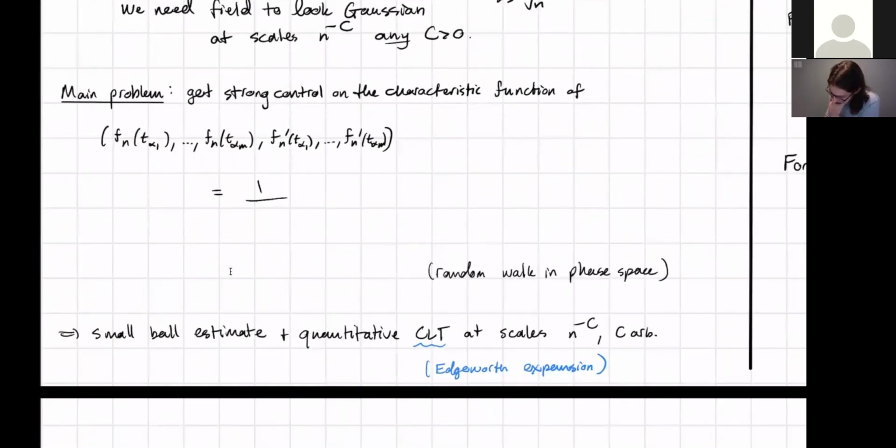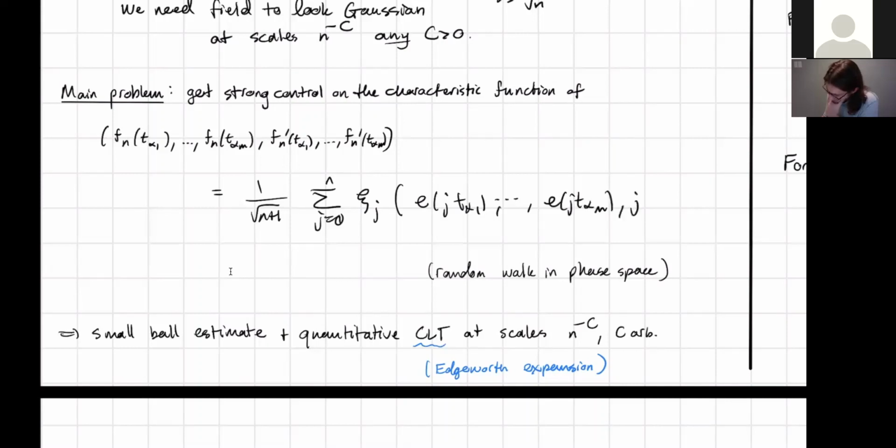The way we can look at this vector is to write it as a sum of vectors: 1 over root n plus 1, the sum from j equals 0 up to n. We can pull out these coefficients, and then we just have these vectors, which are these characters, j t alpha 1, and then their derivatives.